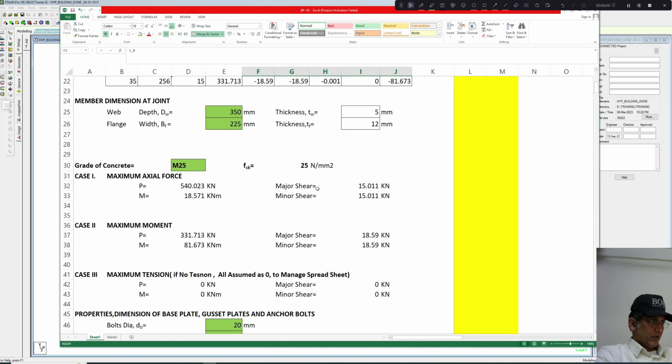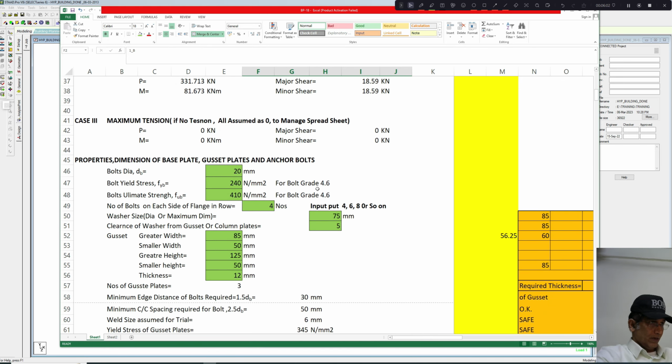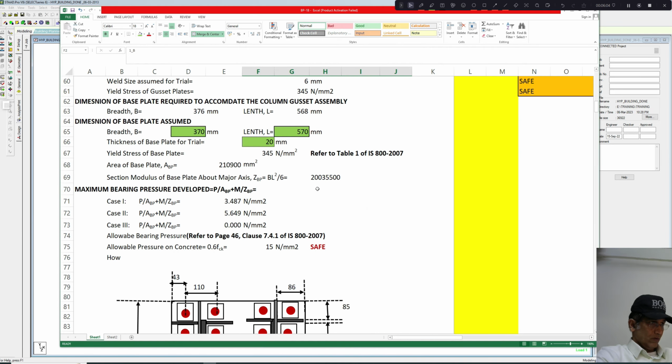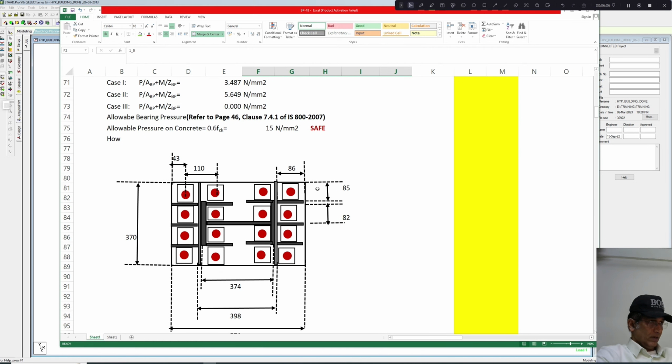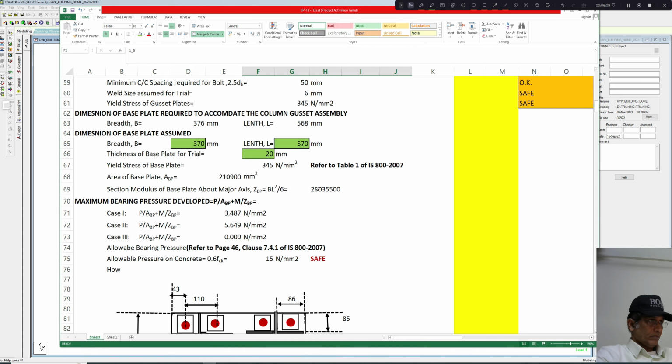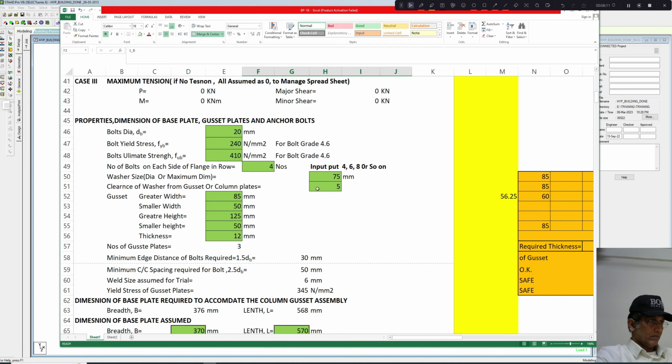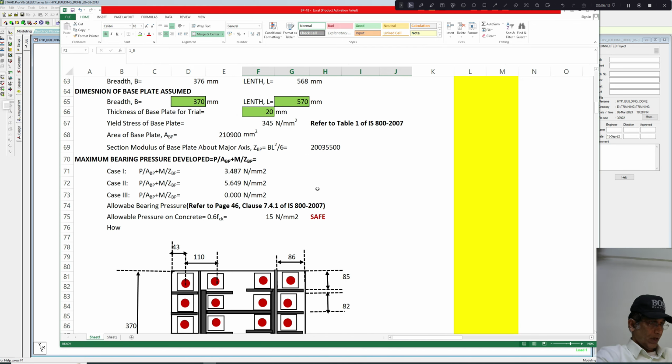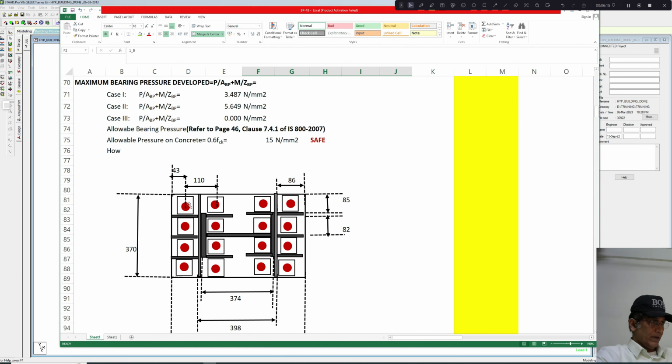We have to provide various inputs here. This is a configuration of similar numbers of anchor bolts on both sides of the flange of an I-section column.